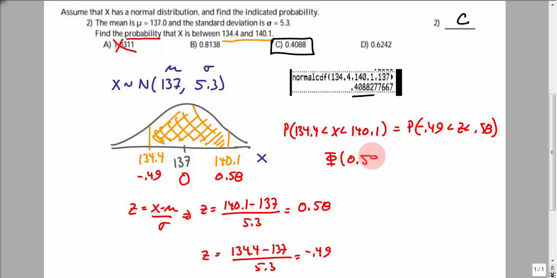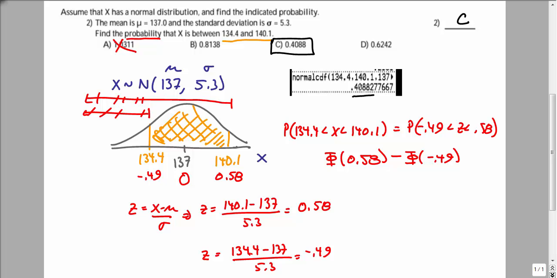That means I'm looking it up in my table. And I'm going to subtract out phi of negative 0.49. Now the reason we subtract, same as our problem before, I find the area to the left of the upper number, and I subtract out the area to the left of my lower number, and I'm left with the area in between when I subtract this out.